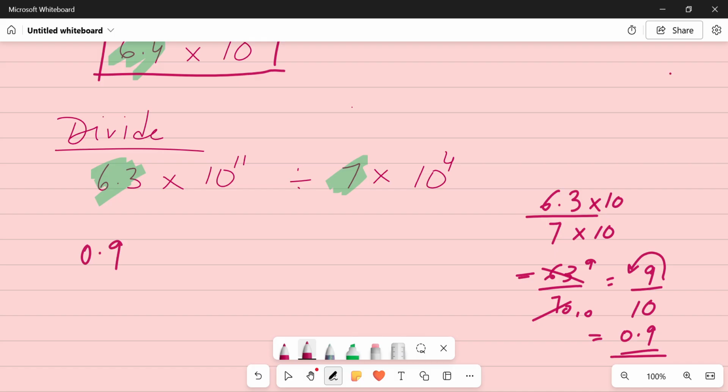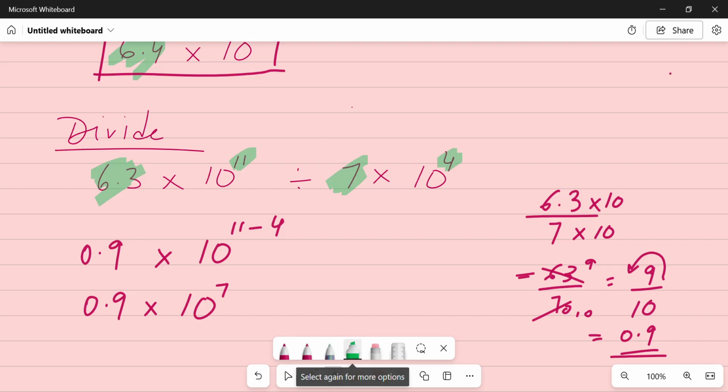So here 0.9, multiply by 10, we have here 11 and we have here 4. Though it's a division, so we will minus it. Okay, we have learned this in indices. So 0.9 times 10 to the power 11 minus 4 gives you 7. Okay. Now, students, can you check this?